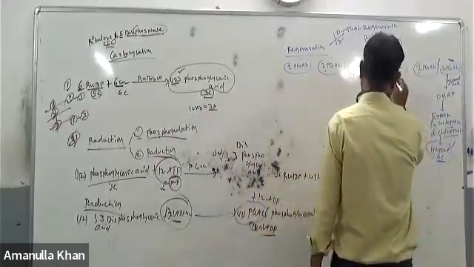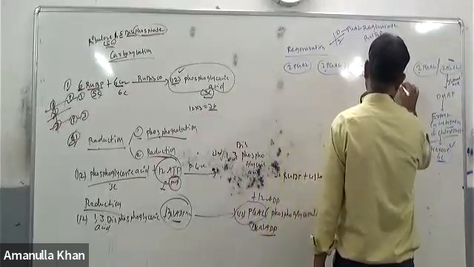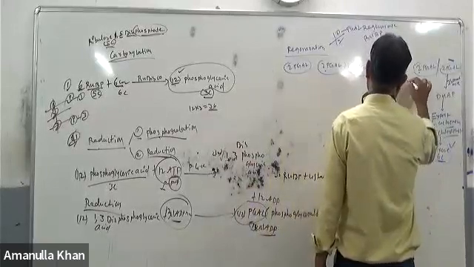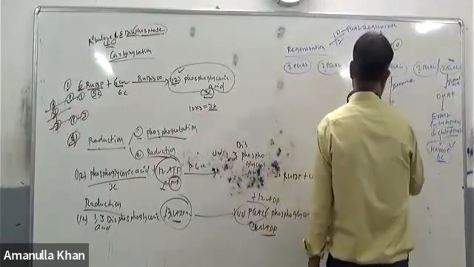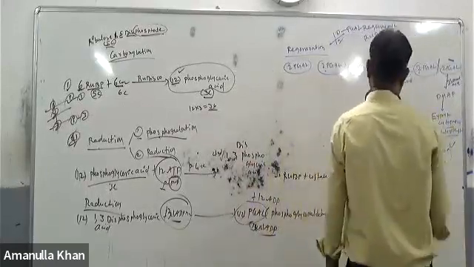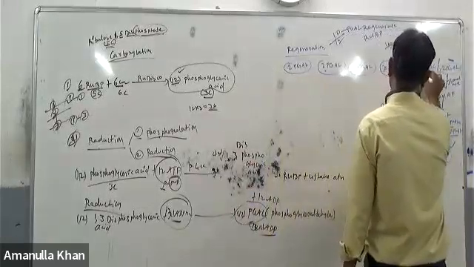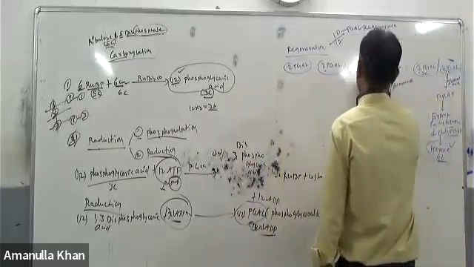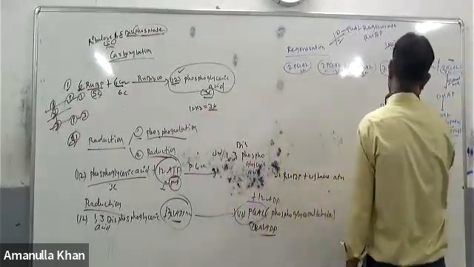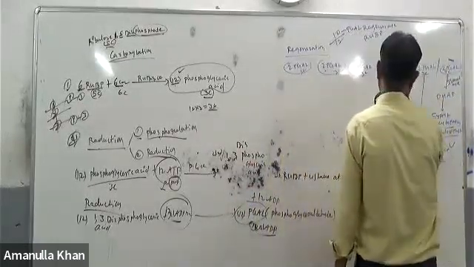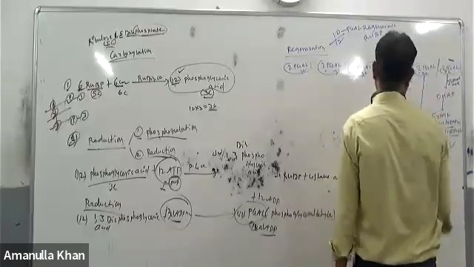Then this PGAL again undergoes isomerase and is converted to a DHAP. These all are 3 carbon compounds. Now this DHAP condenses or combines with the phosphoglyceraldehyde.